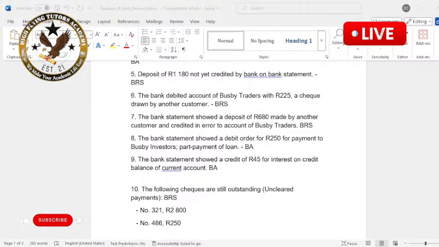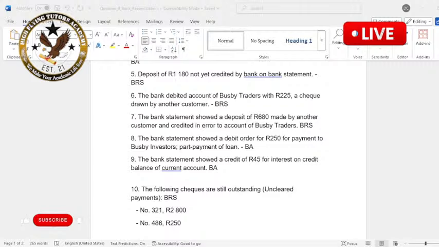They say the bank statement showed a debit order for 250 for payment to Bus Buy investor, part payment of the loan. So we are making a payment of loan. When we make a payment, they say it is recorded in the bank statement. It means it's not recorded in our bank account.